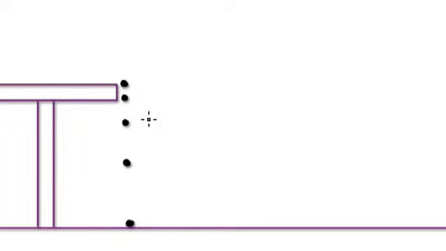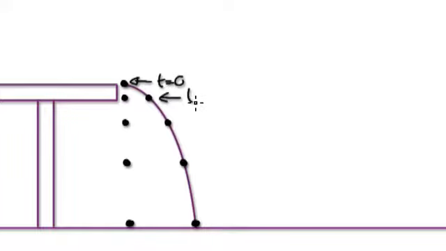That's option one. But option two would look like this. T equals 0 here, T equals 1. One second later it will be here, 2 seconds later it will be here, 3 seconds later it will be here, 4 seconds later it will be here.